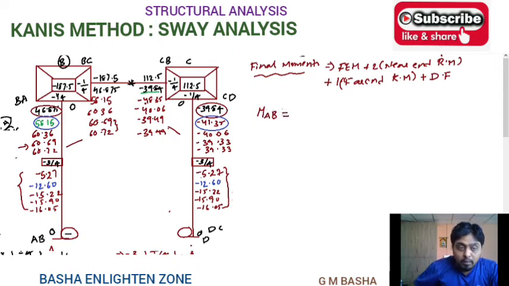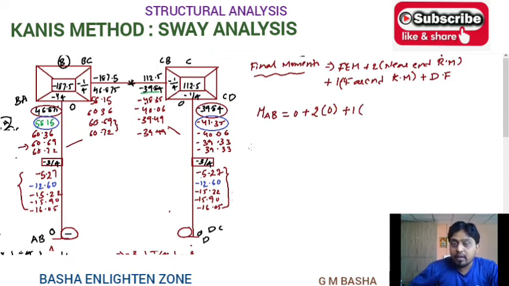If I am talking about MAB, check in the formula: fixed moment for MAB equal to 0, plus 2 into its near end rotation moments. Always AB rotation moments are 0 because we are calculating rotation moments only for the joints, plus 1 into far end rotation moments.